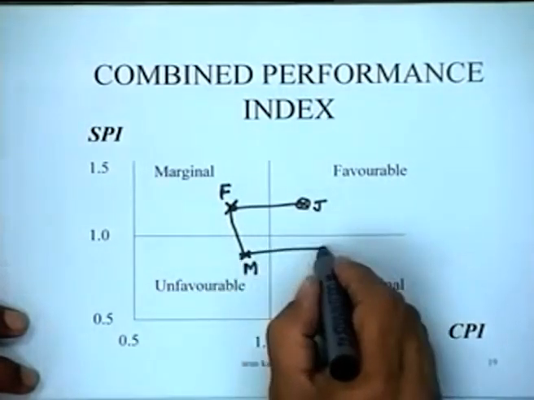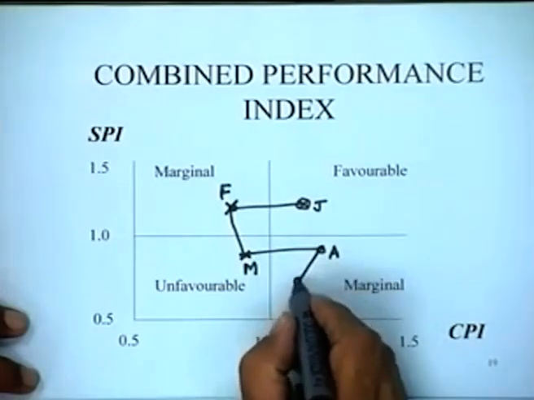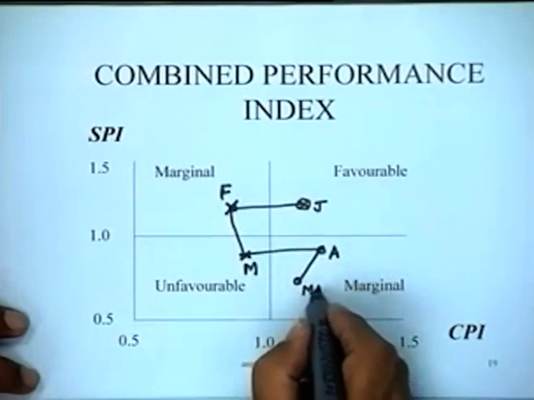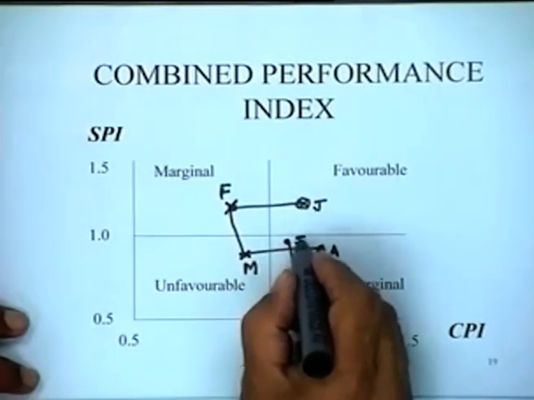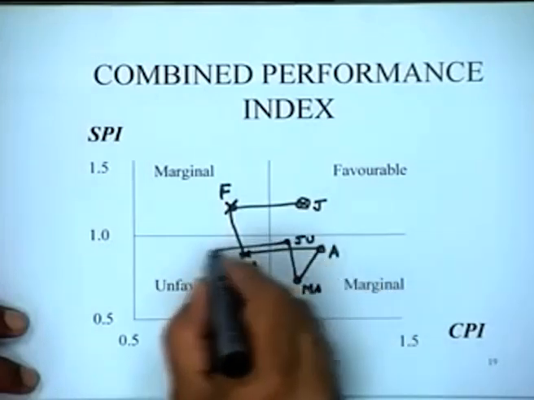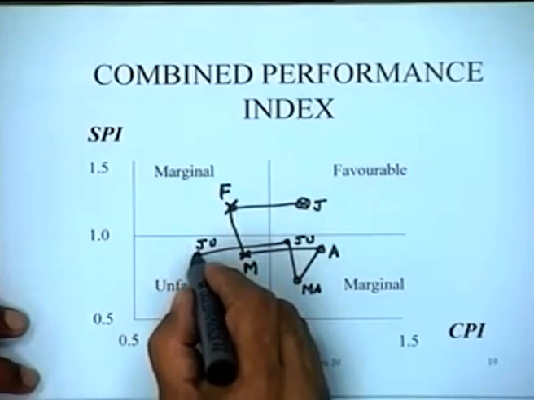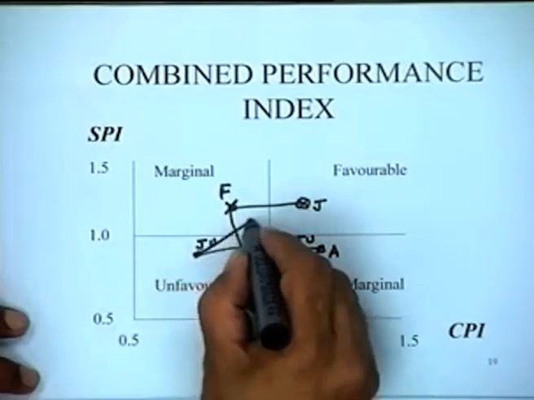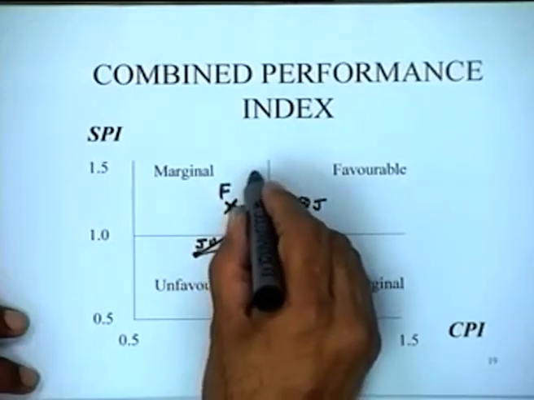Then you might go in April to something like this. Then in May you come here. Then in June you could probably be here. Then in July you could come here. Then in August you could probably be moving here. And then in September you could be moving here.